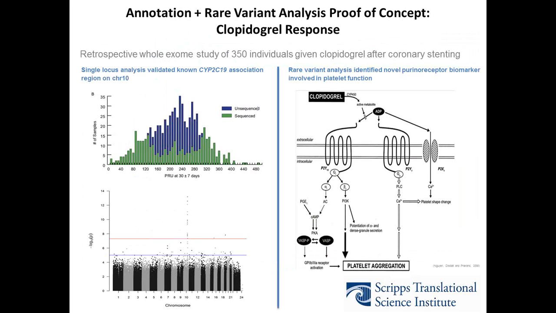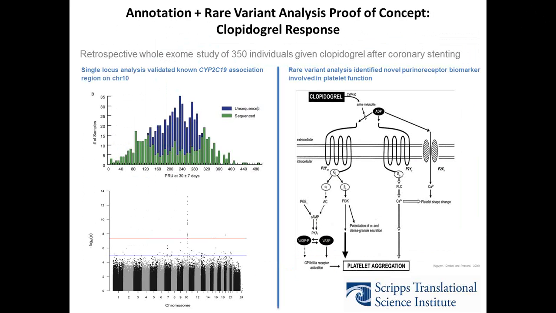It hasn't been published yet, but we're in the process of writing it up, where we're taking an annotation plus rare variant analysis approach to response to clopidogrel, an anti-platelet agent, where we whole exome sequenced 350 individuals from a larger cohort, shown in the top left histogram chart, where we have these individuals in blue, and it overlaps with the green, that have been assessed for platelet function after exposure to clopidogrel.